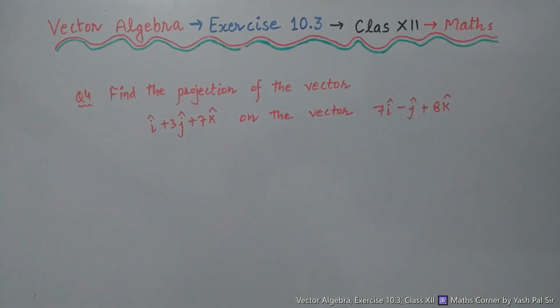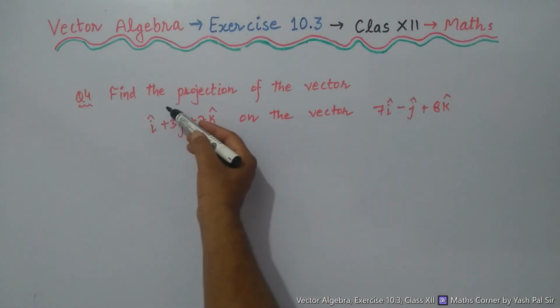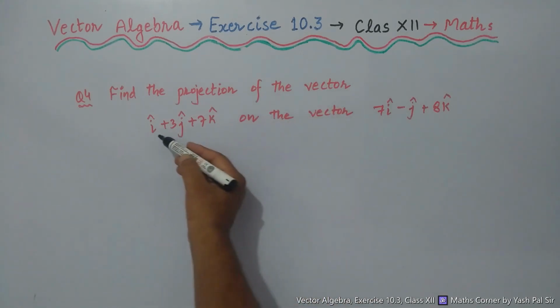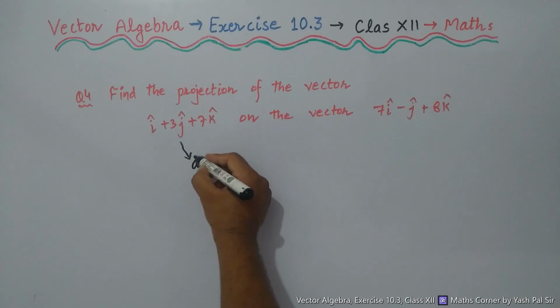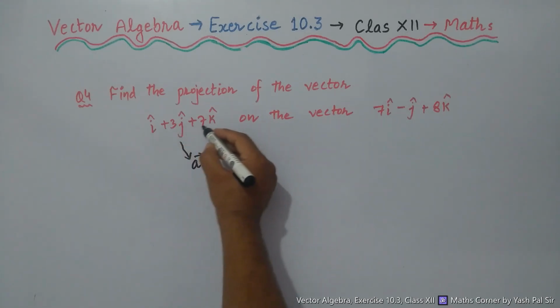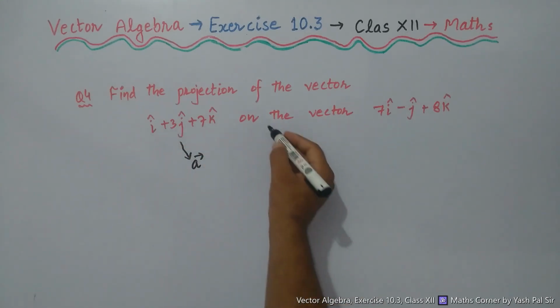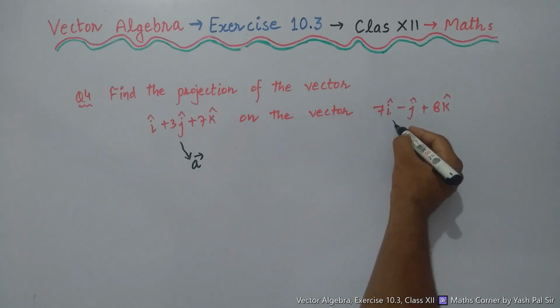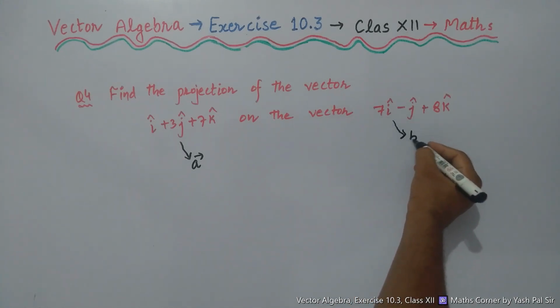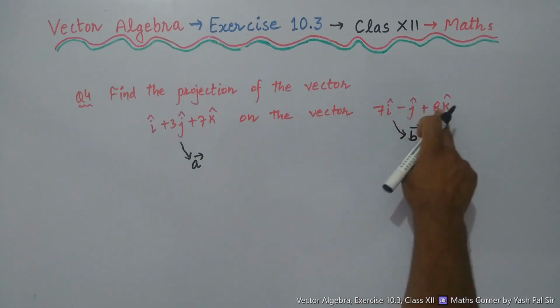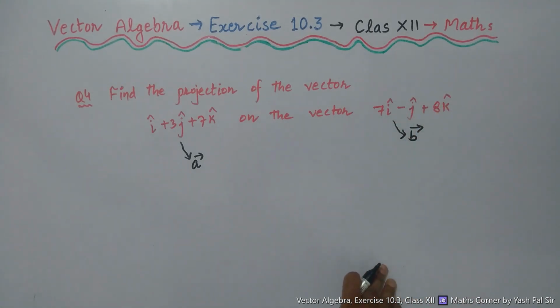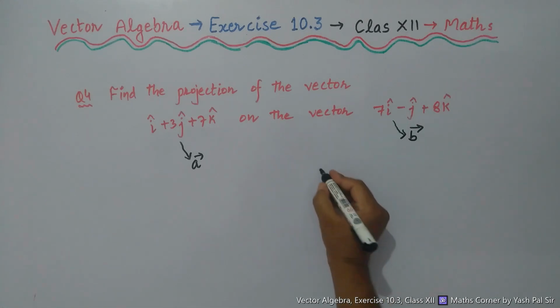Our next question, question number 4. Find the projection of the vector, suppose this vector is vector A, i plus 3j plus 7k, on the vector, suppose the name of this vector is vector B. So vector B is equal to 7i minus j plus 8k. So what we do?